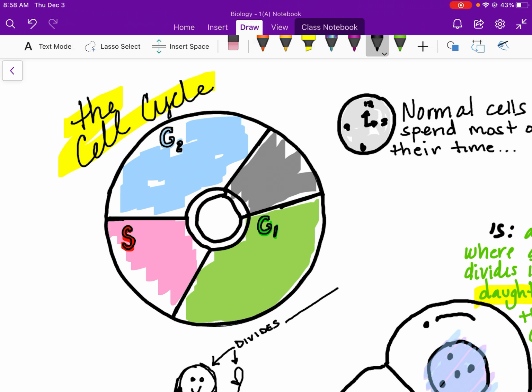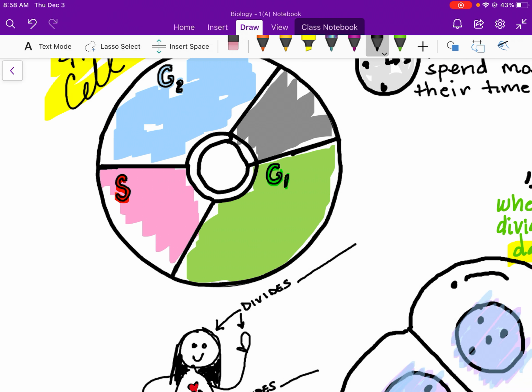So this is what we call the cell cycle. And this is the continual process of the cells growing and replicating. So I'm going to start with G1, which is called our growth phase 1. This is where cells grow and perform their normal processes.